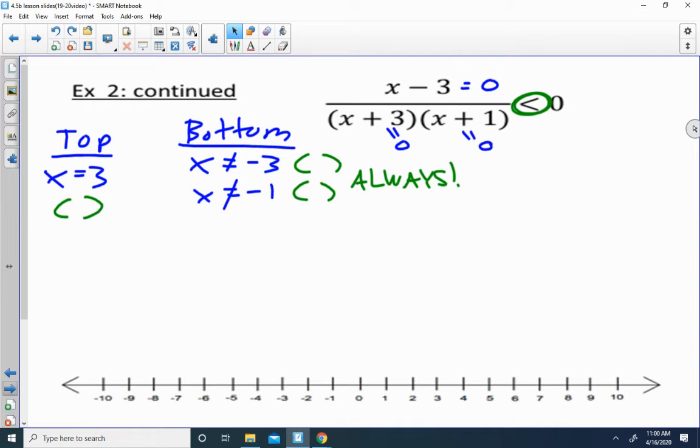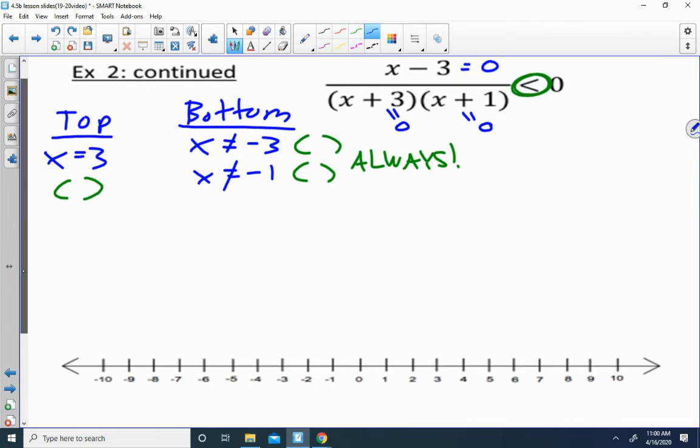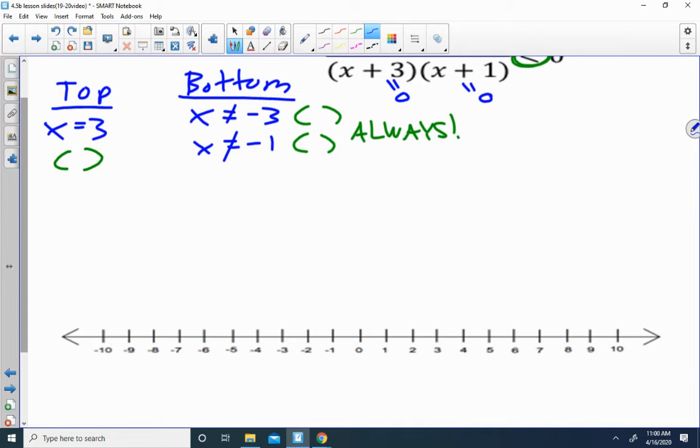Okay, we got all the tools we need to start graphing and finding test values. Let's scroll down a little bit. So for the top, we're going to have a border at 3 with open parentheses. We're going to have a bottom at negative 3, or in other words, a border at negative 3 with open parentheses again.